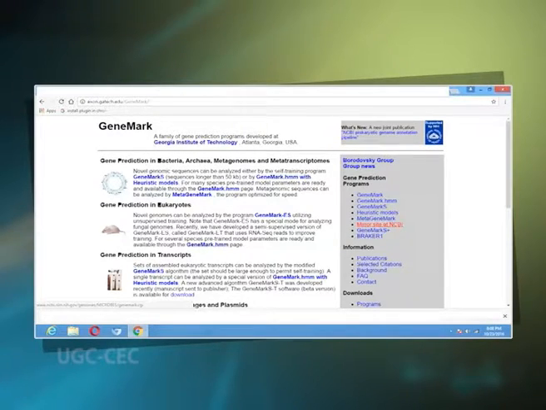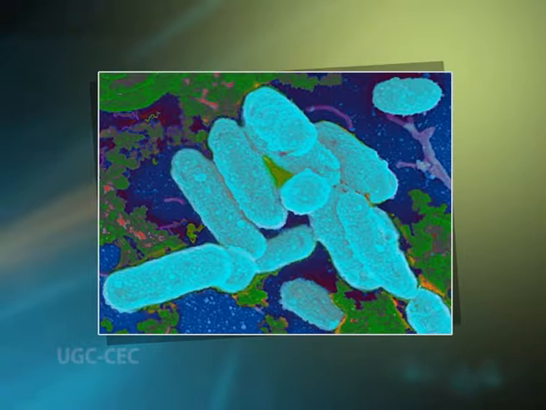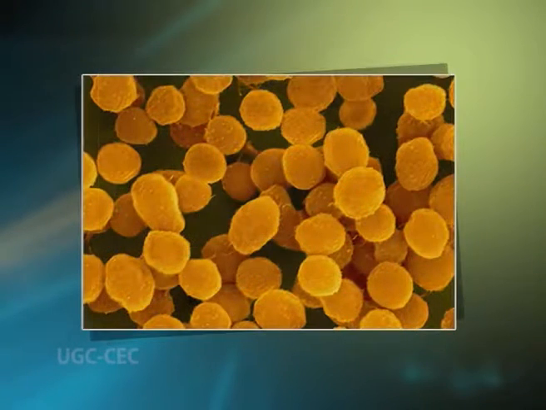GeneMark is a generic name for a family of ab initio gene prediction programs developed at the Georgia Institute of Technology in Atlanta. Developed in 1993, the original GeneMark was used in 1995 as a primary gene prediction tool for the annotation of the first completely sequenced bacterial genome, Haemophilus influenzae, and in 1996 for the first archaeal genome, Methanococcus jannaschii.